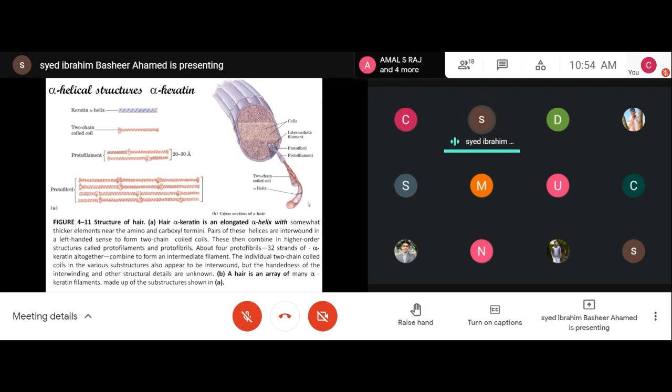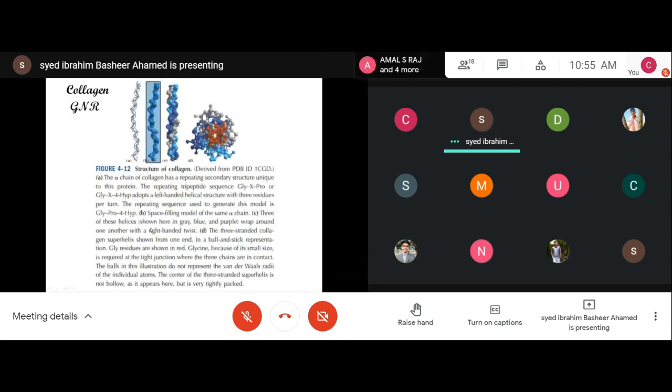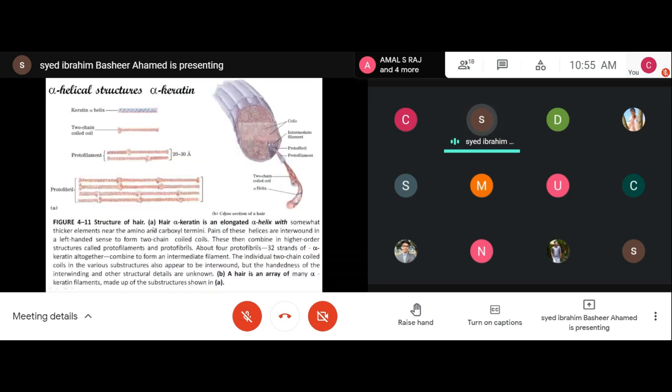So two alpha helices combine and make a coiled coil, and two coiled coils make a protofilament, then a protofibril, then an intermediate filament, and so on. You can see the geometry, the length of the protofilament, and so on. This is one example of a fibrous protein.